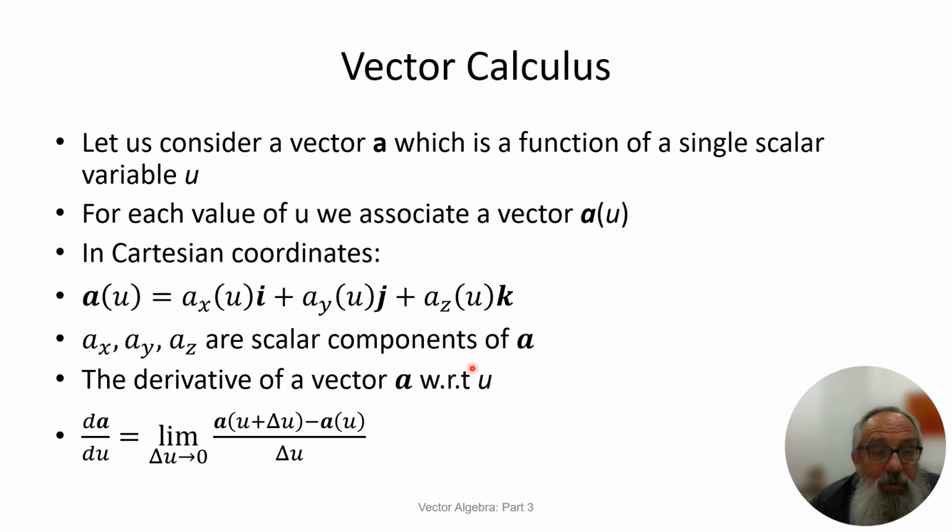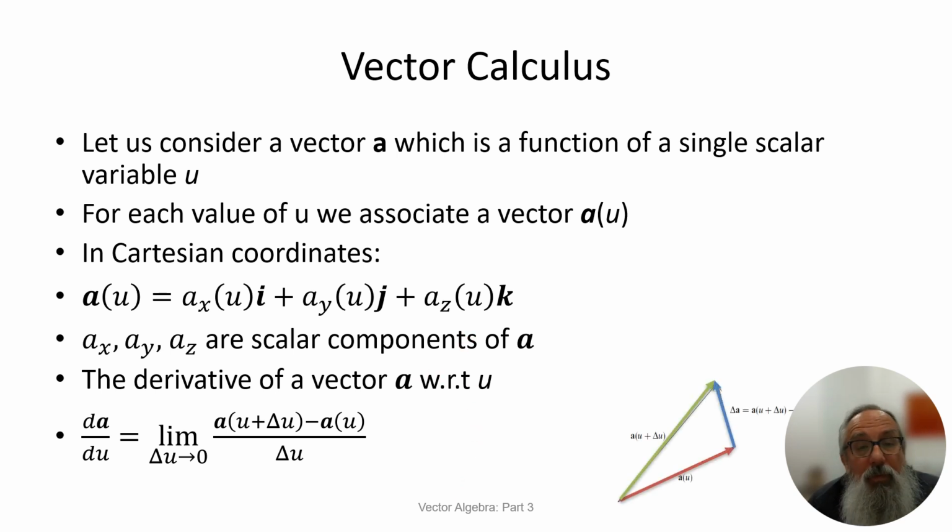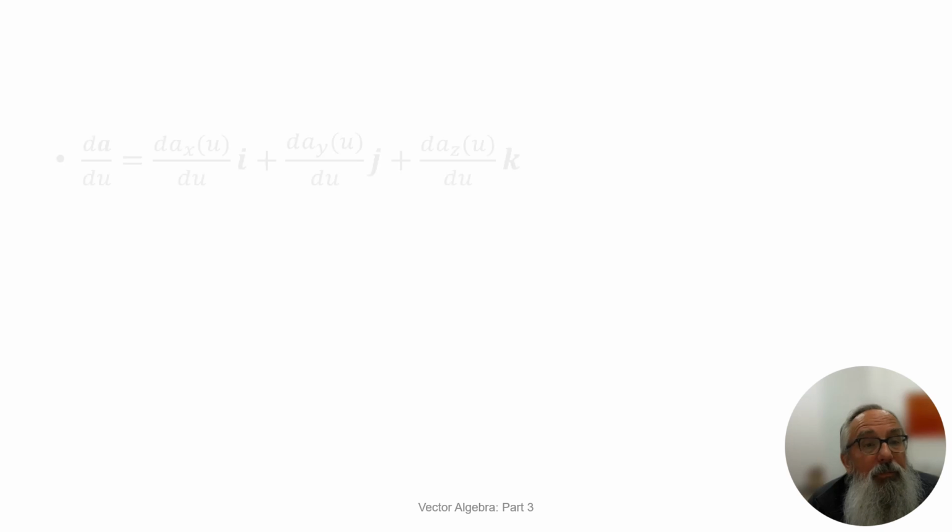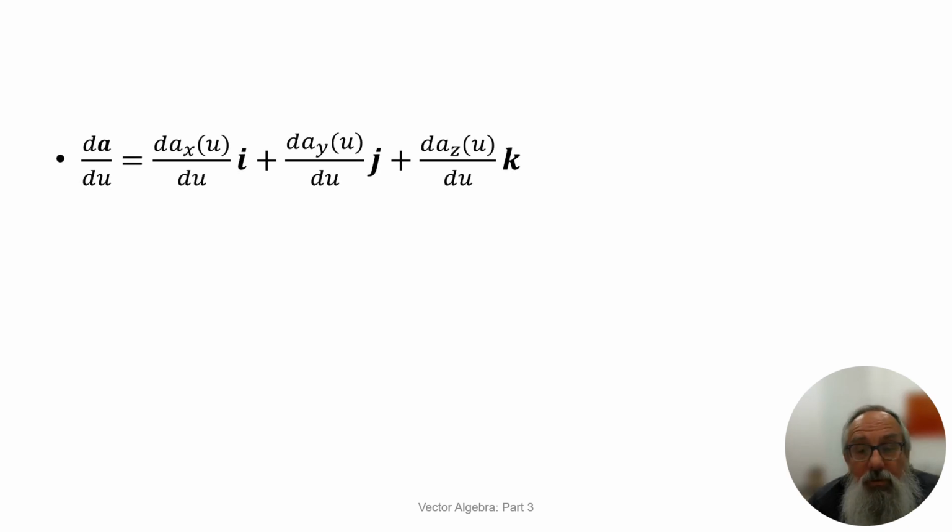So that's the definition. So how would we write it down for a vector? Well, we'd just write it simply like this. We do the operation on each of the 3 scalar components. So pretty straightforward, really.